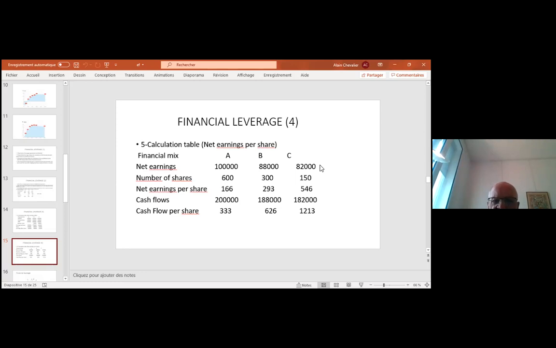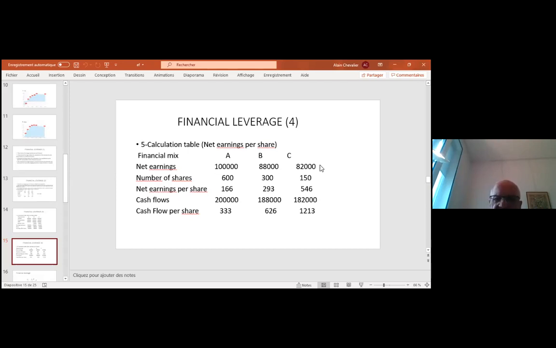And that also means that if you use the simple model we have introduced, with a PE which is stable, which is independent of the financial structure, the value of the company will increase when you move from A to C. More debt, higher level of debt, higher net earning for the shareholder, more wealth created for the shareholder.